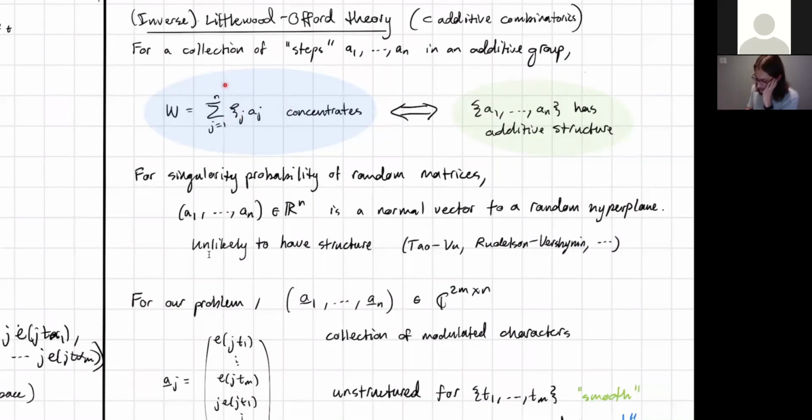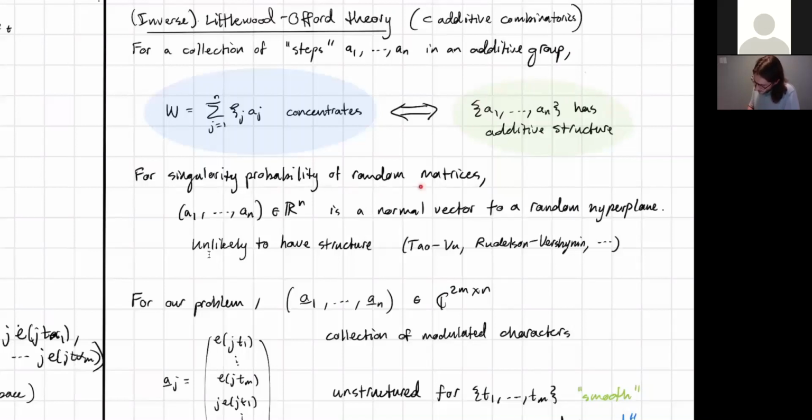You want to relate concentration probabilities: if it concentrates too much, if it has a bad small ball estimate, this happens if and only if the collection of steps has some additive structure, so the steps have to be special. And then you can separately rule out that your steps have additive structure.